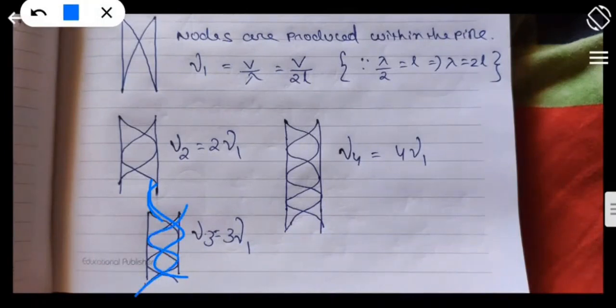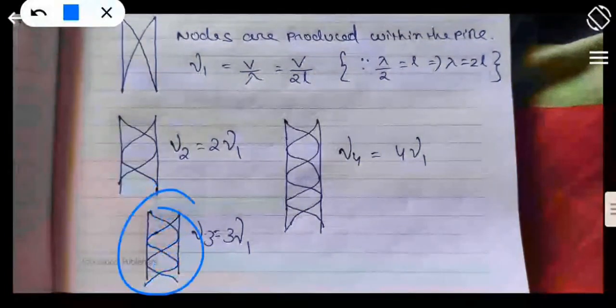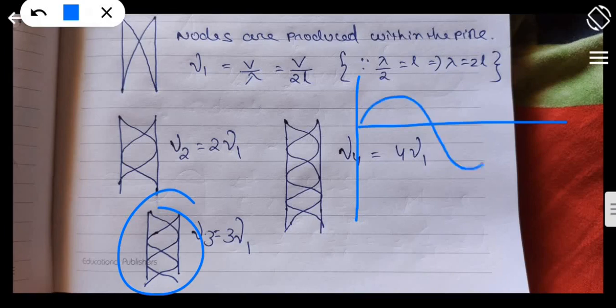Okay, now what should be the diagram? This is a vertical form. If you take it in the horizontal form, it will simply be like this, right?